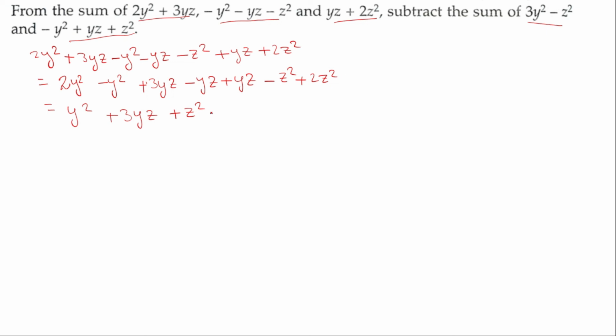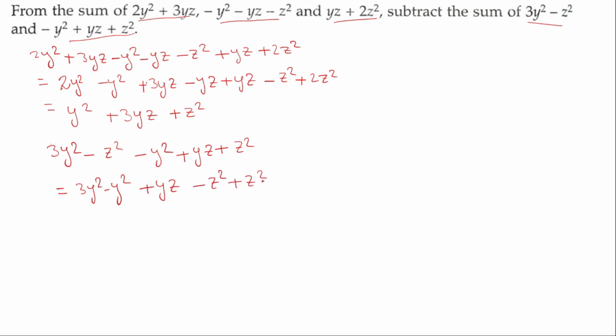Now next, we have to find the sum of 3y square minus z square and minus y square plus yz plus z square. We'll take all the like terms together. So 3y square minus y square plus yz minus z square plus z square.